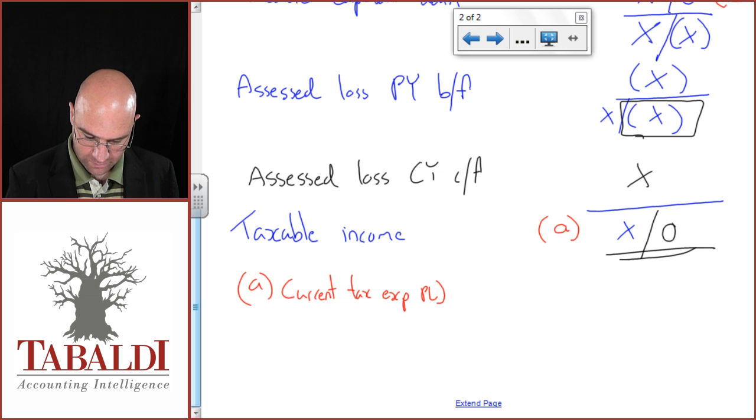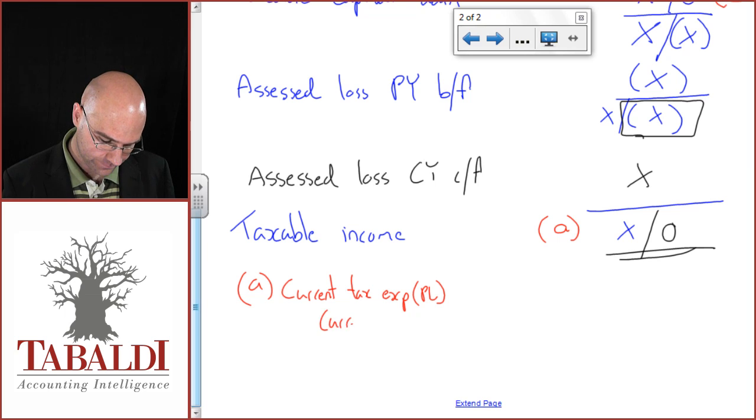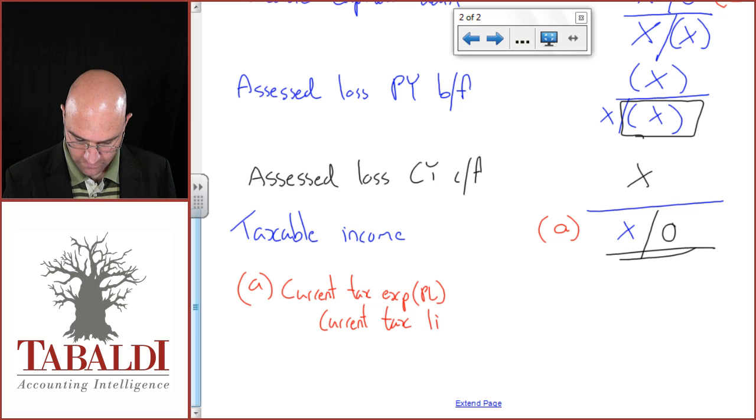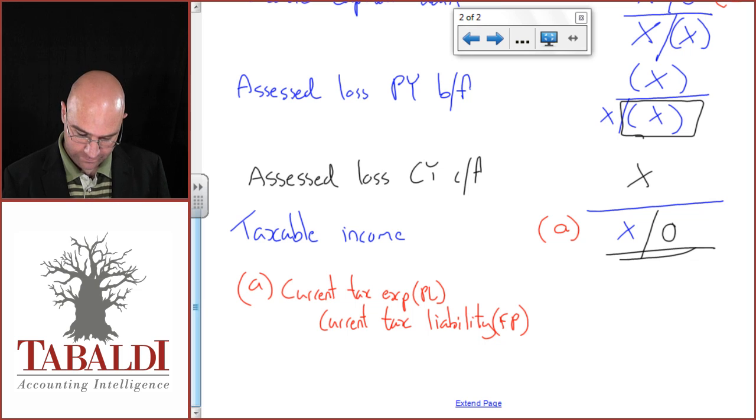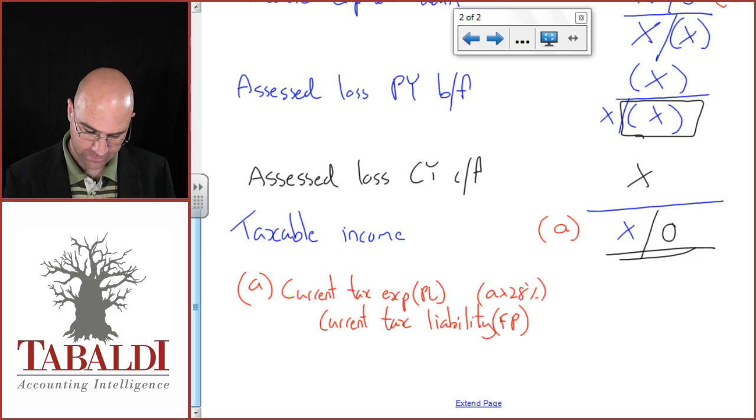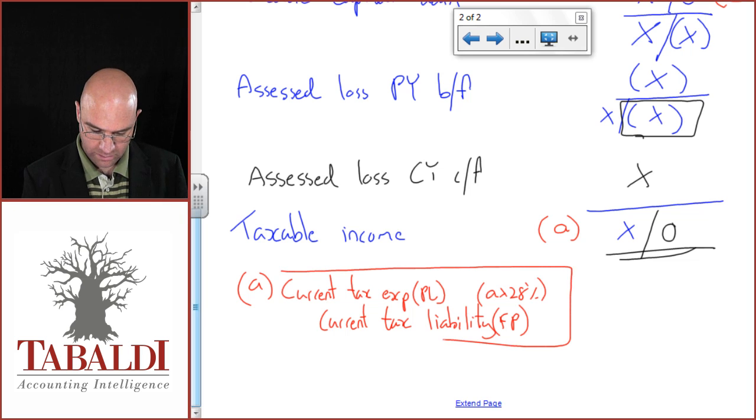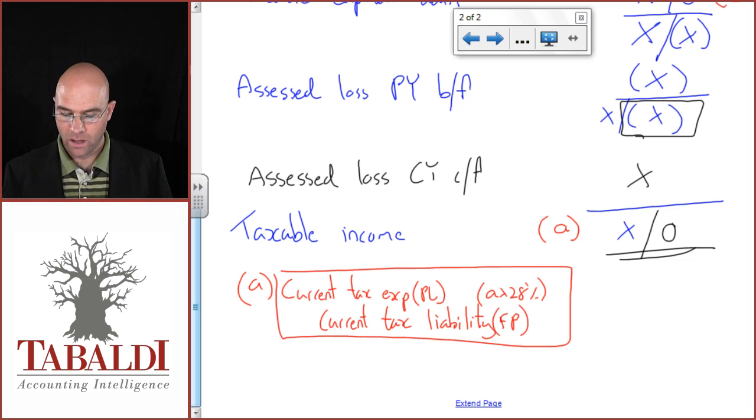Please let's get into the habit of mapping our accounts correctly, and then we'll credit the current tax liability, and that is a financial position account. Remember, I would take whatever A was and times it by 28%. And that would be my current tax journal.